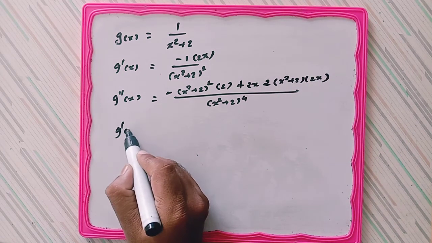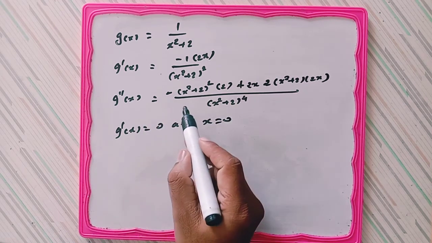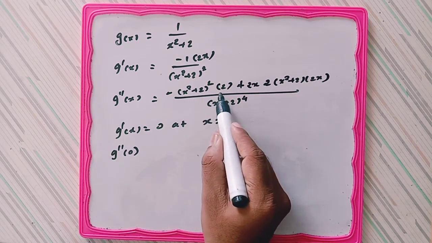Now g dash x equals to 0 at x equals to 0, and so g double dash 0 we take, and this term will be 0.